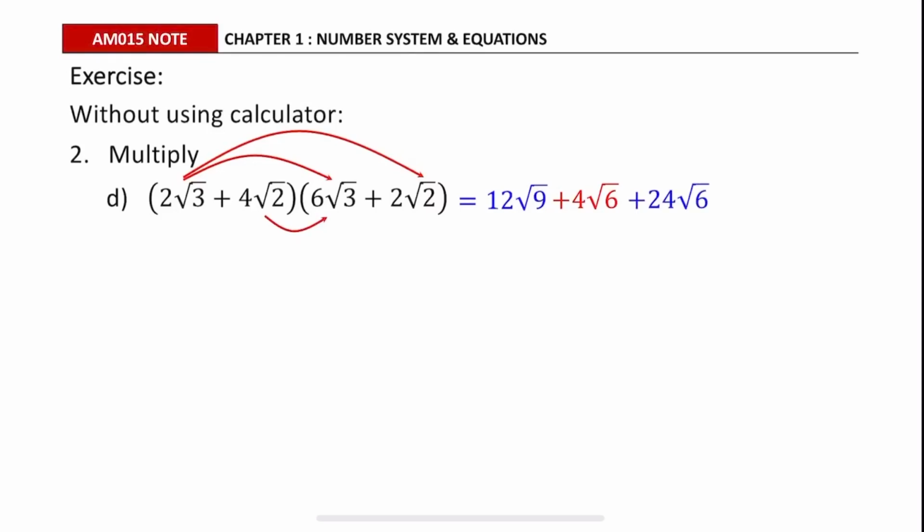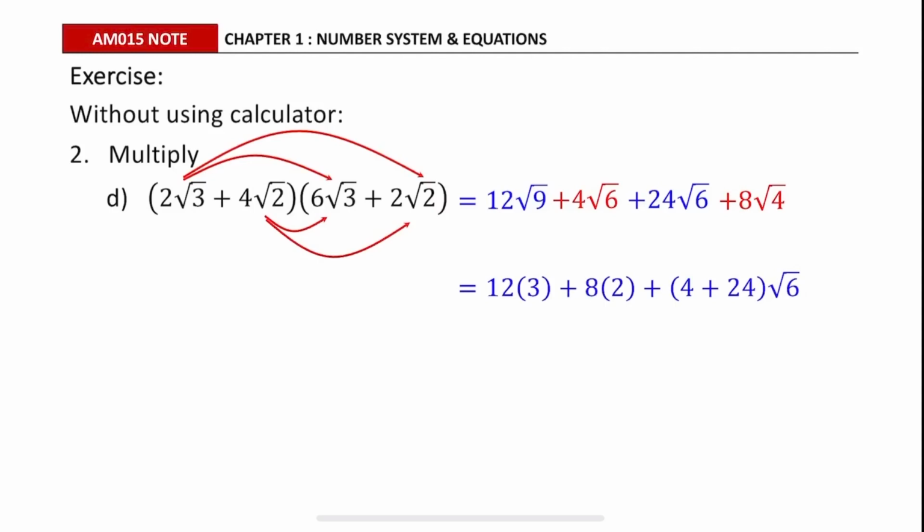And 4 square root of 2 multiplied by 2 square root of 2 is equal to 8 square root of 4. Then, by simplifying square root of 9, we get 3. And square root of 4 becomes 2. In this expression, we group the whole numbers together, and same goes with the surds. Then, we get the answer.